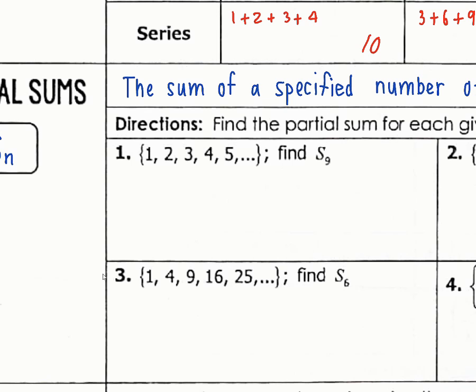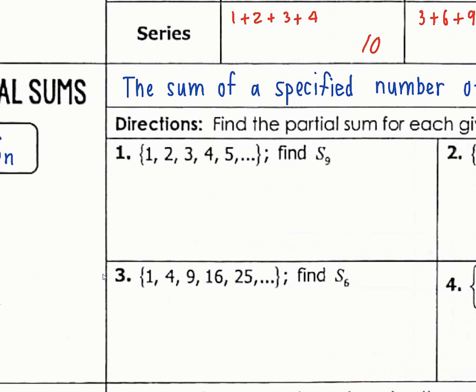You add up all of the terms up to your ninth term. So please keep distinguishing the difference between A sub 9 and S sub 9. A sub n is just an individual term. S sub n is a sum through that term.